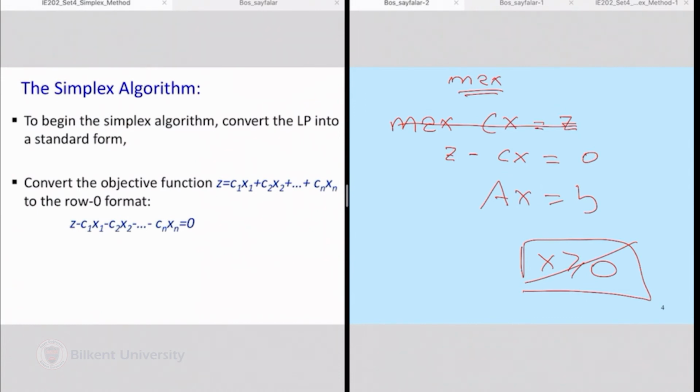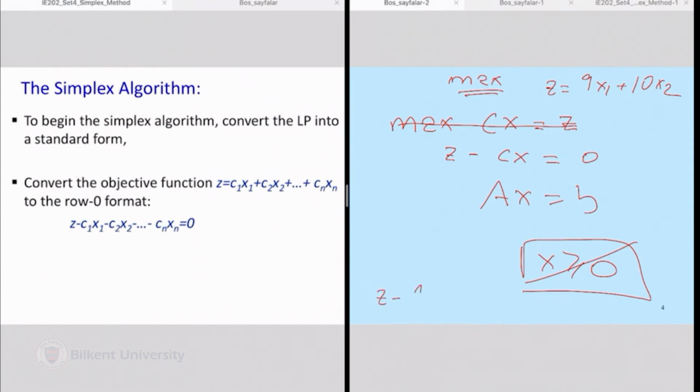But I have to remember that I put my Cx values on the left-hand side. For example, let us say that I had 9x1 plus 10x2 as my z values. If x1 goes up, I get better values. If x2 goes up, I get better values, because of the positive coefficients.